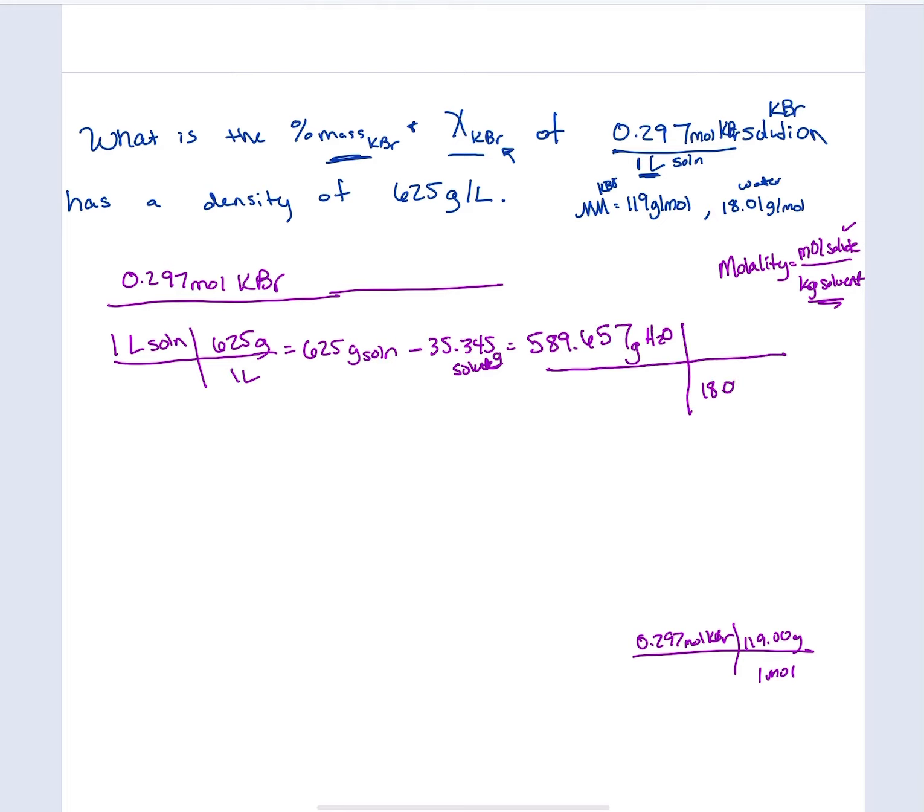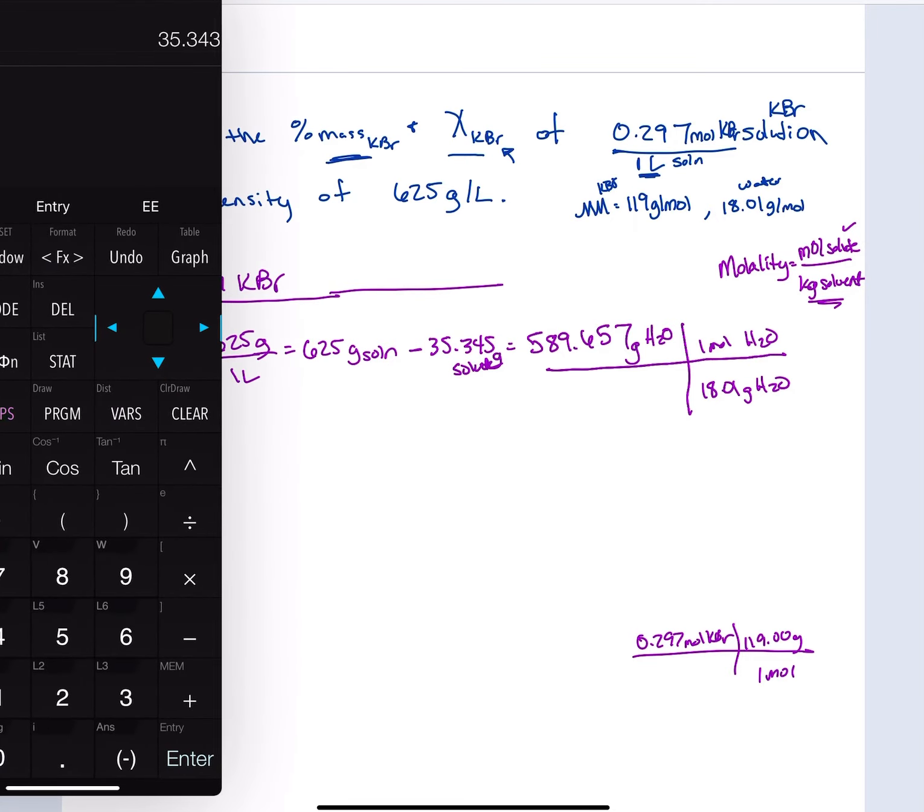So 18.01 grams of water into 1 mole of water. So we take that number, 589.65, and divide it by 18.01, which gives 32.74 moles of H2O.